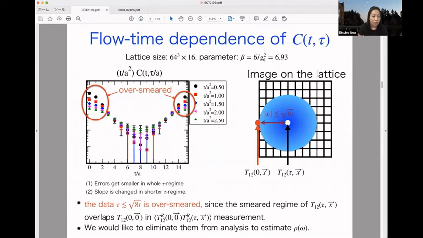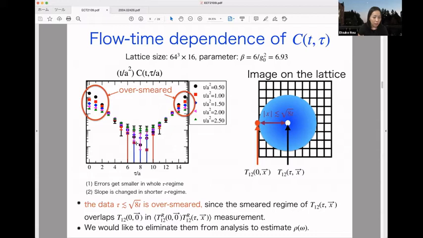And here is the flow time dependence of the smeared correlation function. In this plot, a different color denotes a different flow time. The green one is the longest flow time, and the black one is a small flow time. First of all, you see that at long flow time the data has a smaller error in the whole tau region.